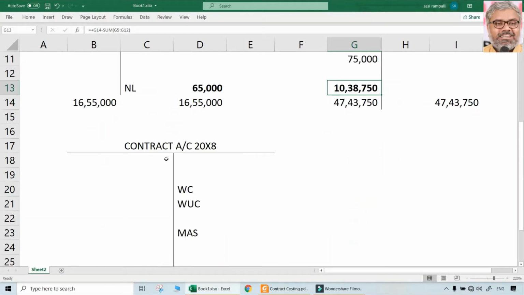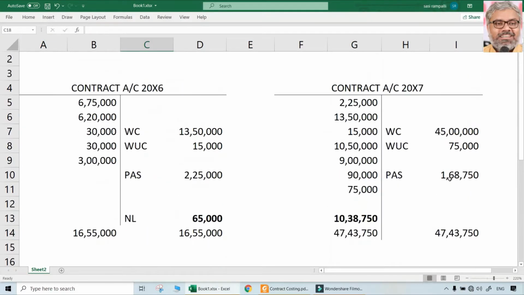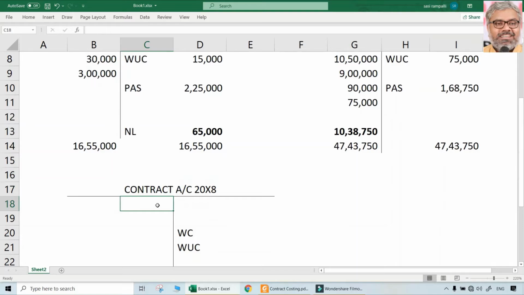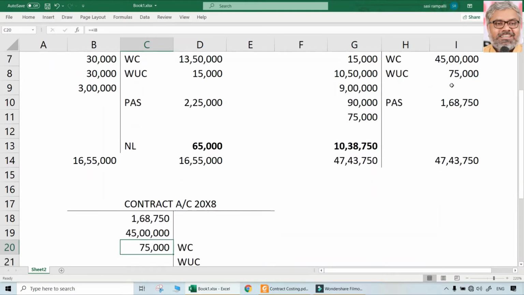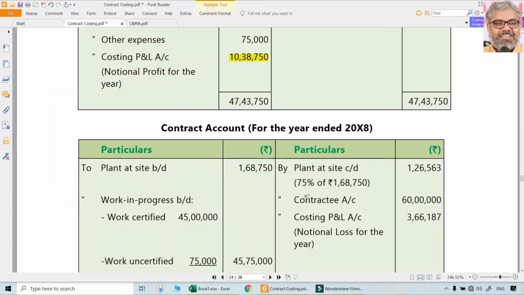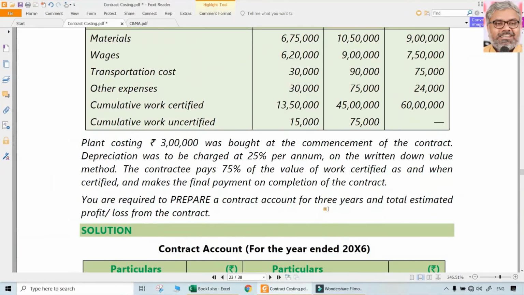Then the story continues to the third year. Whatever the plant side here, that should come here to the next year as the beginning balance, 168,750. Same way, whatever the value of the work certified and uncertified should also come here as the opening balance of work in progress. Now, what happened during the period? That is given in the question. Once again, copy paste.